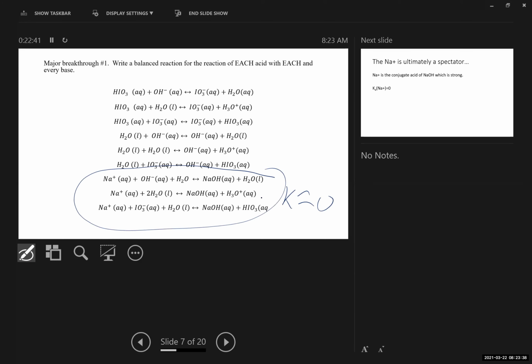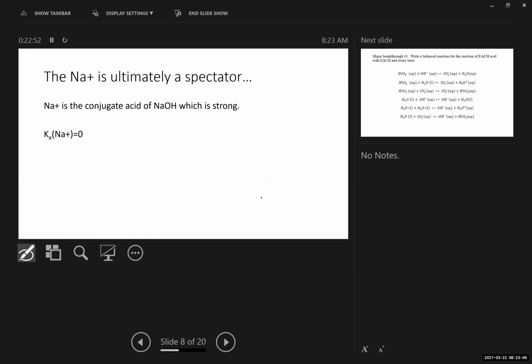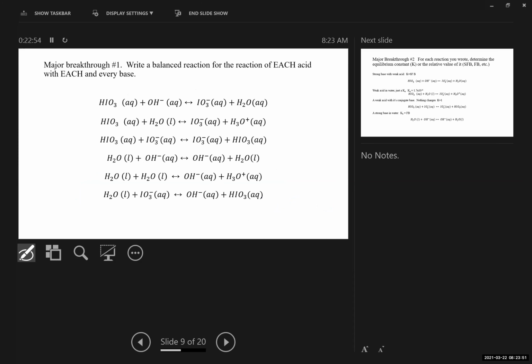So, you know, I could calculate them, or I can recognize that sodium is a classic spectator because its Ka is effectively 0. And that gets me down to 6 reactions. At this point, what do I want to do?